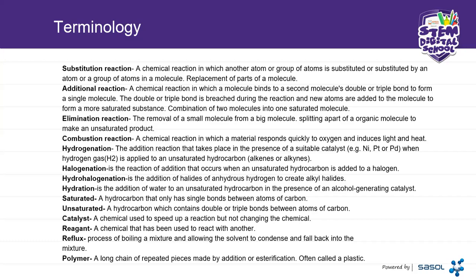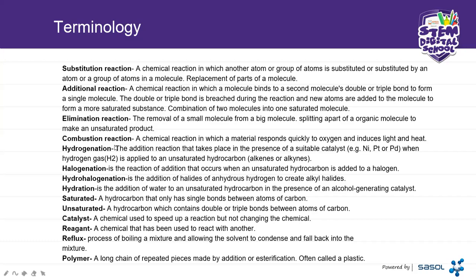Elimination is the removal of a small molecule from a big molecule, splitting a part of an organic molecule to make an unsaturated product. Once you see unsaturated, you already know that now we're going to have double bonds.